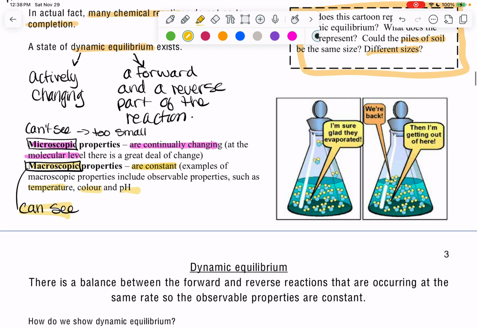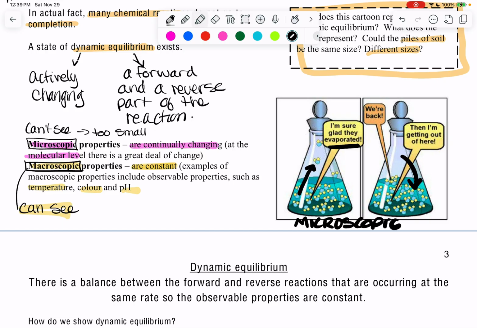This is an example of dynamic equilibrium because you have these molecules and their water evaporating and condensing, and they just go through that cycle of evaporation condensation over and over again. These are the microscopic changes that we see. The microscopic change is the evaporation condensation.